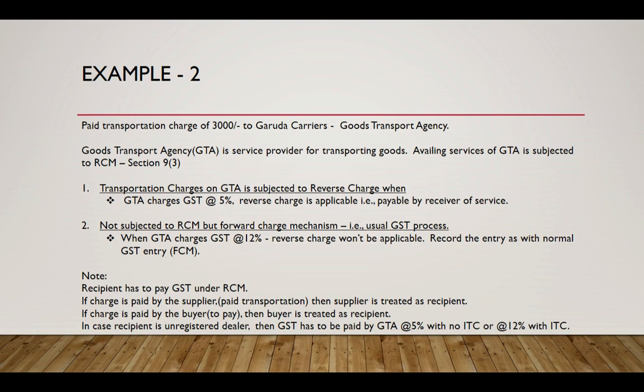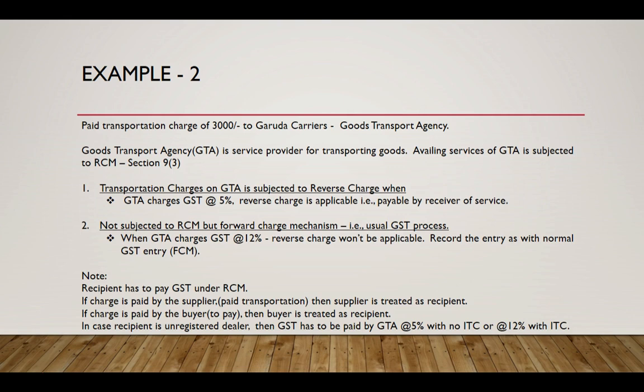It also mentions details like who has to pay GST, whether the buyer or the seller or GTA itself. So who has to pay GST will be discussed in a short while, and all these documents must be serially numbered in order to be called a consignment note.